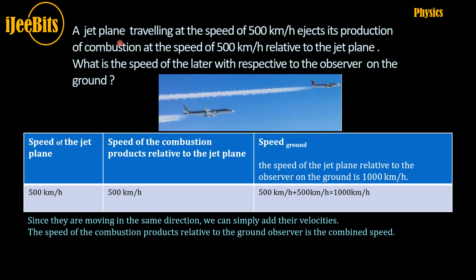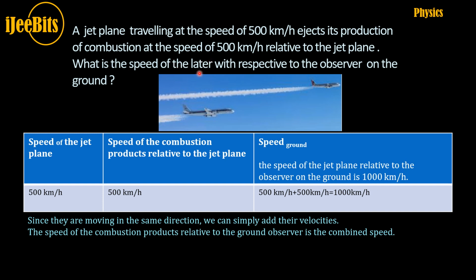Look at the next example. A jet plane traveling at the speed of 500 km per hour ejects its products of combustion at the speed of 500 km per hour relative to the jet plane. What is the speed of the latter with respect to the observer on the ground?